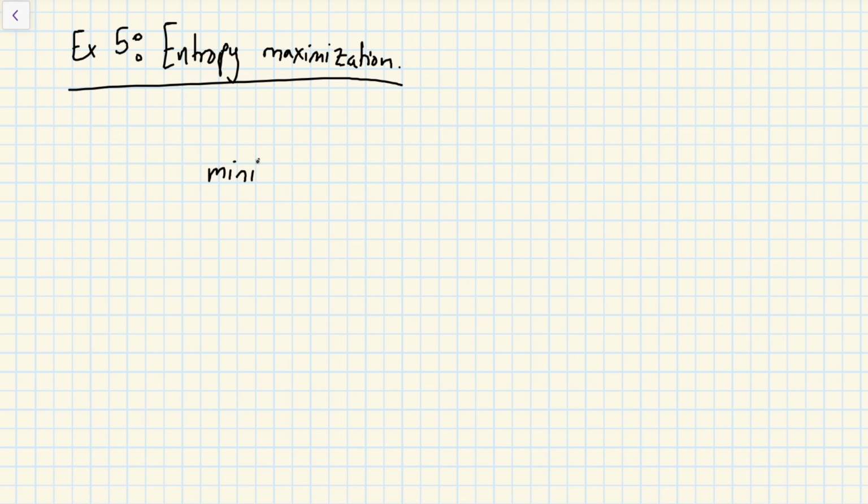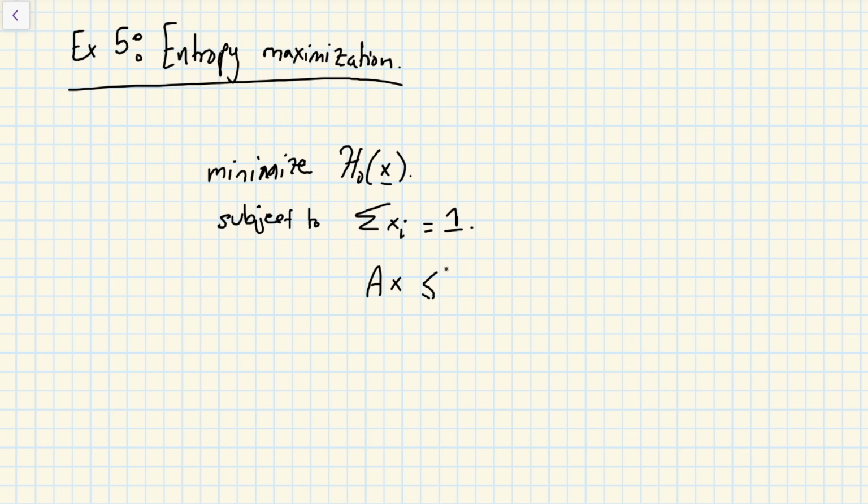So minimize the entropy defined by probabilities in x, subject to forcing that all your x's add up to 1, so that they represent probabilities, and some inequality constraint. This is easily written as 1 transpose x equal to 1, where your 1 transpose is a vector of all 1s.